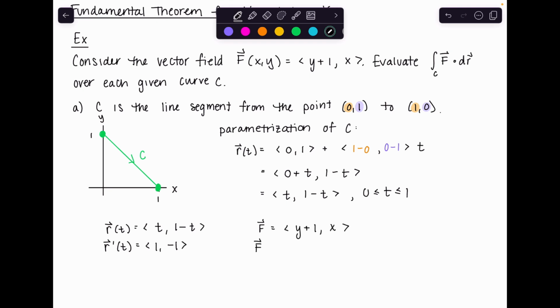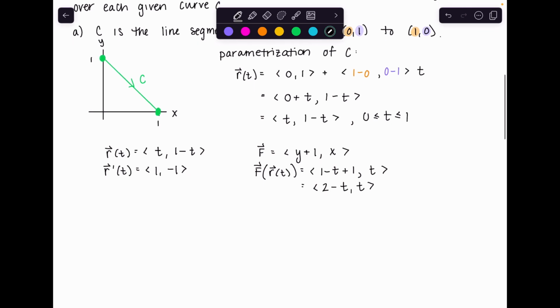And again, I need to see what the vector field looks like on the curve. So plugging in those pieces, y is 1 minus t, so that's 1 minus t plus 1, and x is t. So this gives me (2 minus t, t). You can then find the dot product between the vector field and r prime of t.